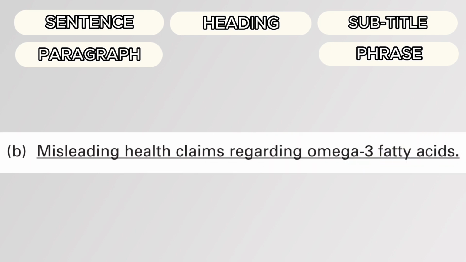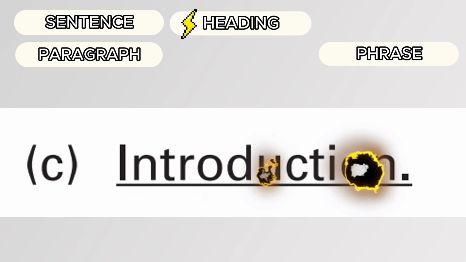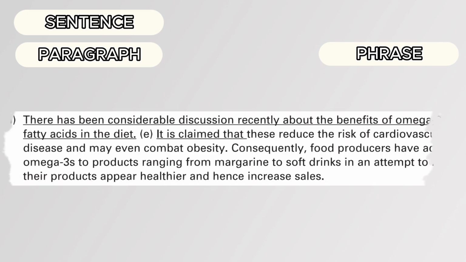Now, let's look at this example. Misleading health claims regarding omega-3 fatty acids. So what is that? It is subtitle, right? And example C. So it's called heading, right? Example D. Pay attention to the underlined parts only.